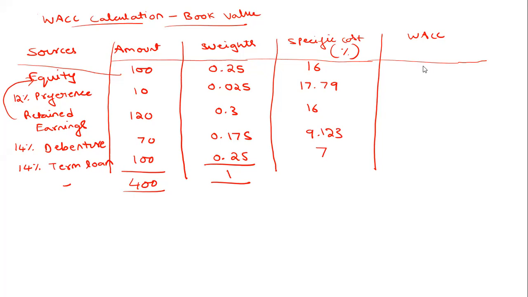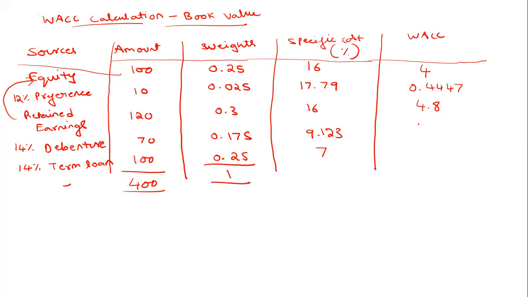Equity is 4.4447. Preference 0.4447, then 7.75. Okay, I'll be writing that. Next one 4.8, and retained earnings 4.8.